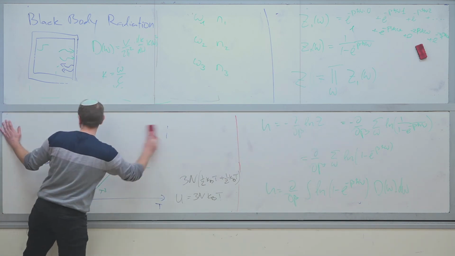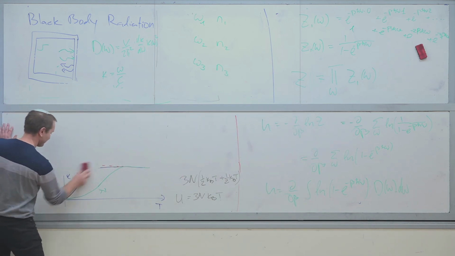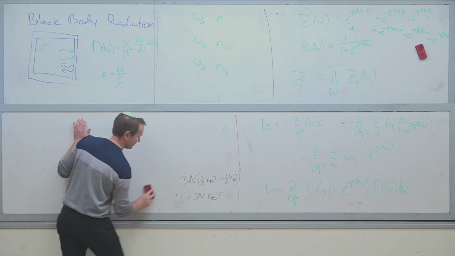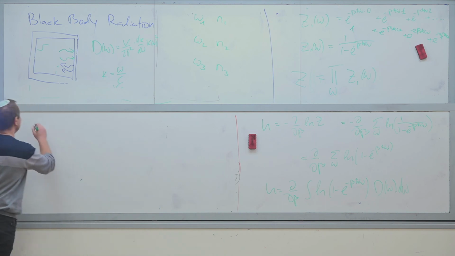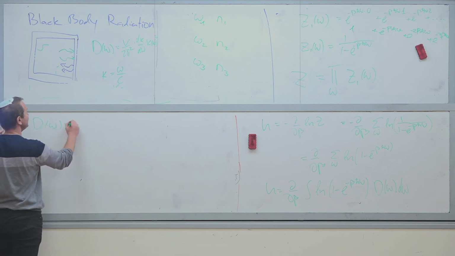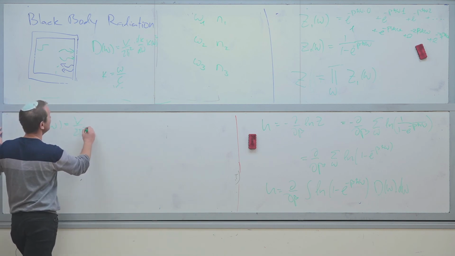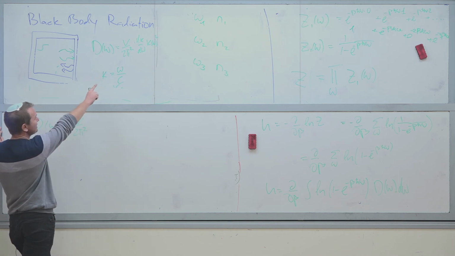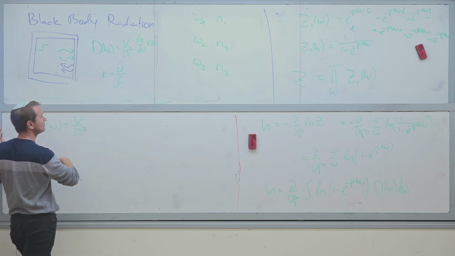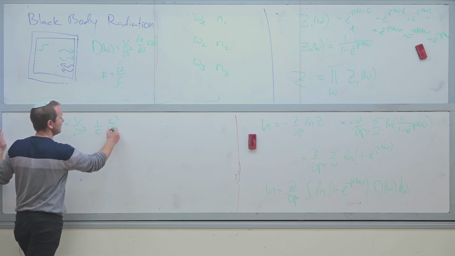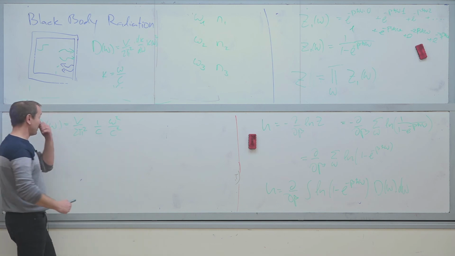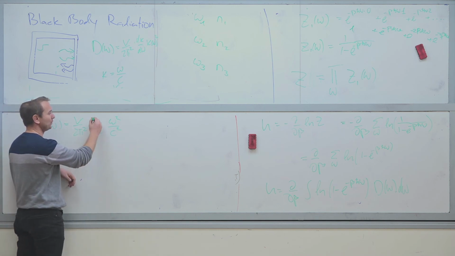Now let's write down the D(ω). D(ω) is V by 2π², dk/dω is 1 over c, here I have ω² divided by c², and I multiply it by 2.